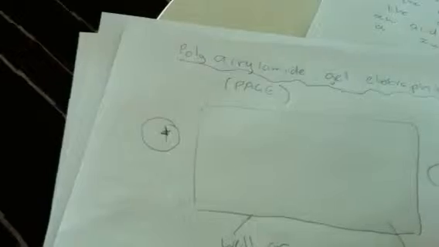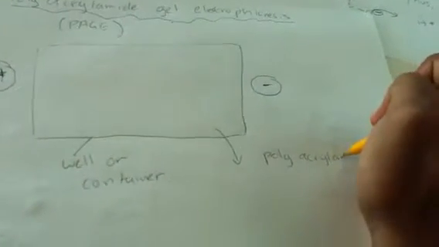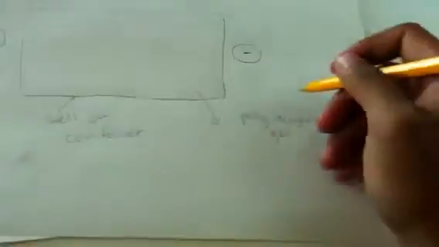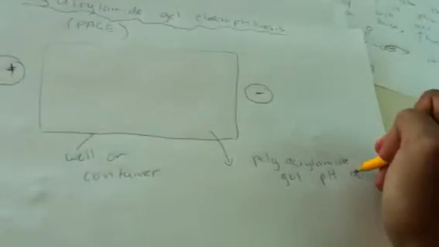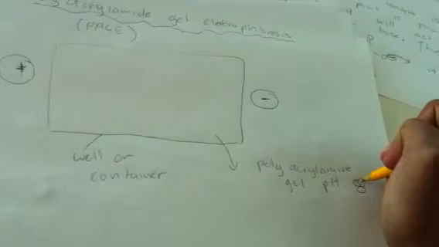You put in this polyacrylamide gel, and the gel is sort of just floating in the well, and it's buffered at a pH of, well, it can be buffered at any pH, so a pH of X. Let's just say pH 8.